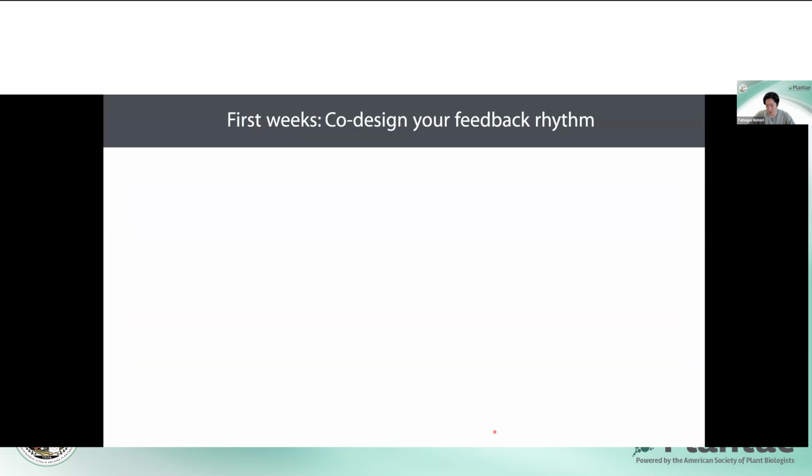Now, if you find a lab that fits your need, and when you start in your new lab, in the first weeks or months, it's good to design your feedback rhythm with your mentor.